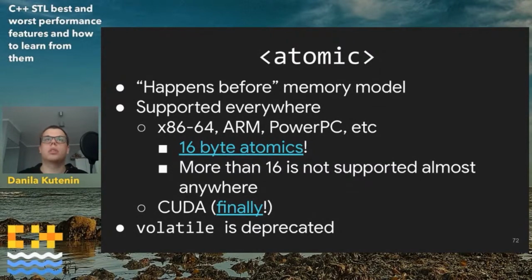Atomics are also already supported in CUDA, and volatile is deprecated, so try to avoid using volatile. Atomics support most of the memory models that are used in modern CPUs.